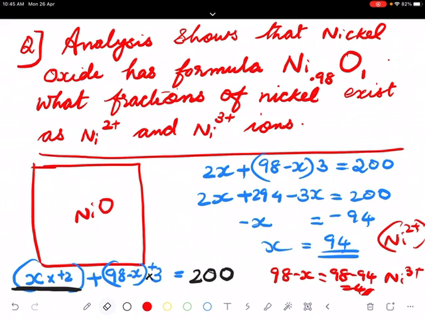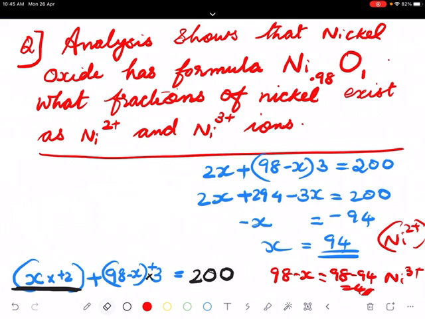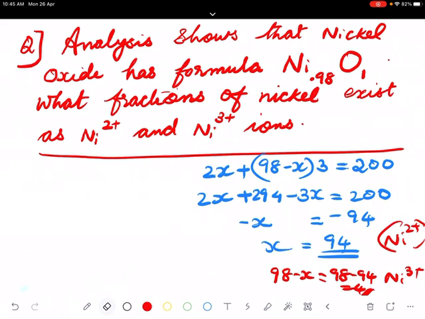So what is a fraction of Ni2 plus? We have calculated 94 out of this 98. Ni3 plus, how many? That is 4.